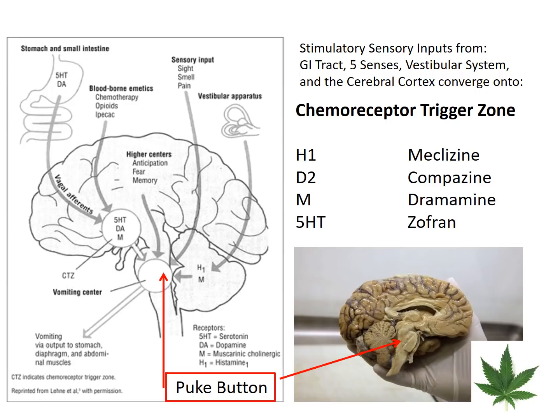The H1 receptor for histamine, the D2 receptor for dopamine, the muscarinic M receptor for acetylcholine, and the 5-HT serotonin receptor. And antiemetic drugs are antagonists to those receptors.